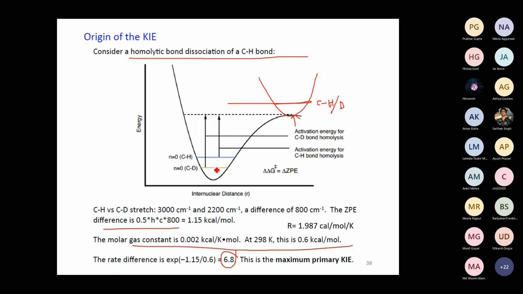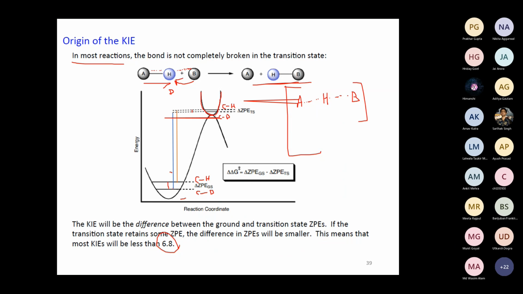So whatever the energy difference of the kH by kD, this will be the difference between the ground states of CH or CD. And what is the maximum value? 6.8. So if the transition state is perfectly linear, then your kH by kD will be close to 6.8.